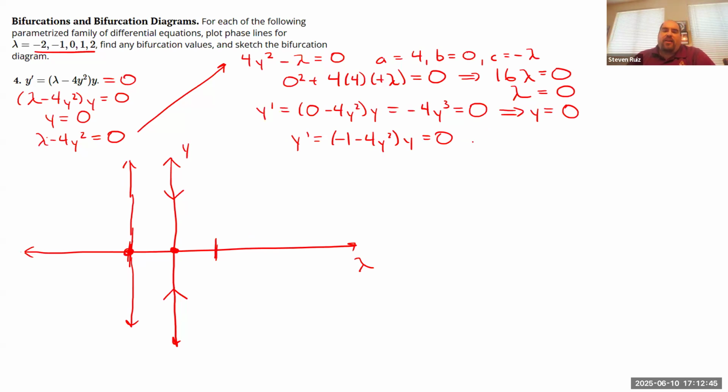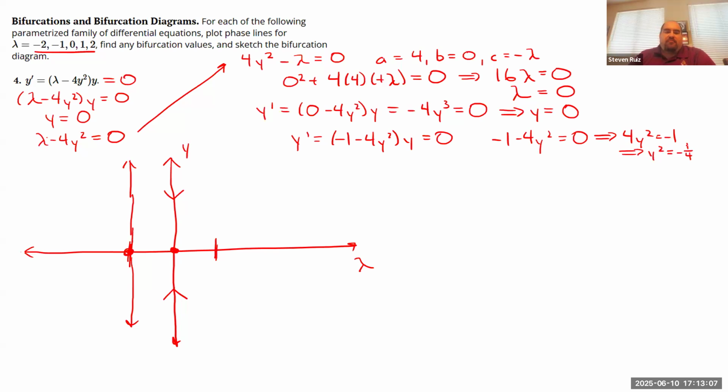The other factor I can set equal to 0 and see how that behaves. So -1 minus 4y squared equals 0. 4y squared equals -1. Y squared equals -1/4.